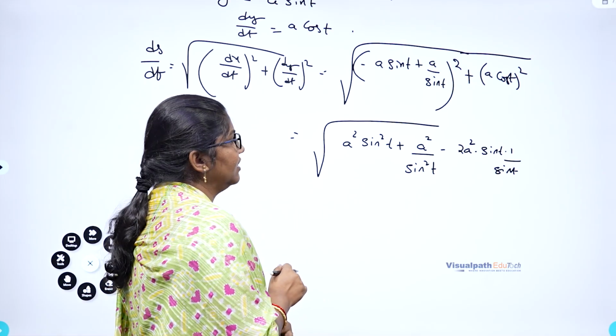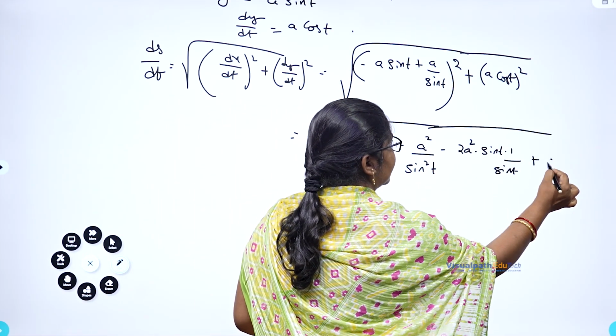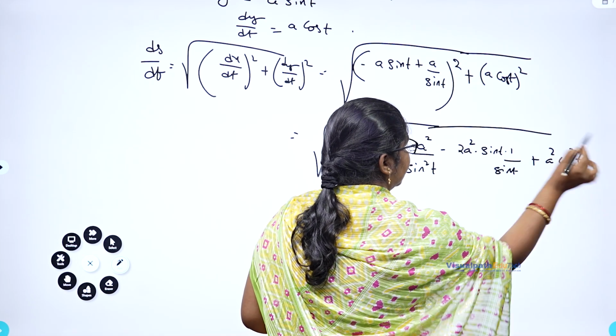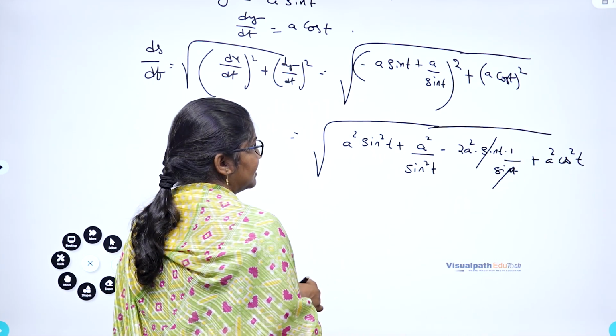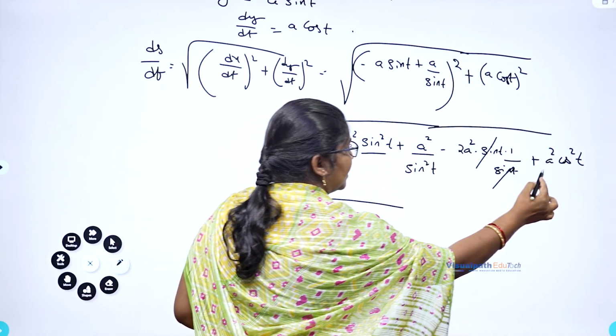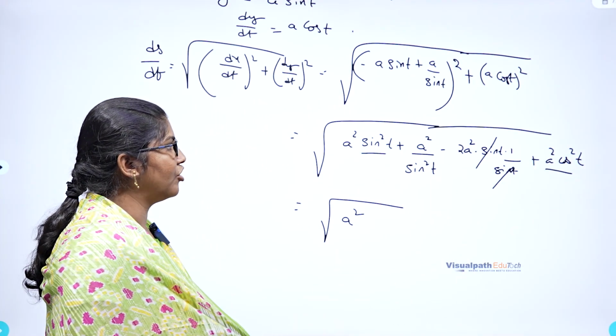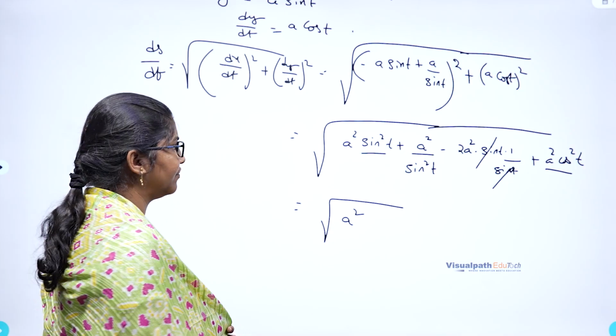Means 2a² sin t into 1 by sin t. Here also a² cos² t. Here this and this will get cancelled. a² sin² t plus a² cos² t, a² will be remained. Why? Because if we take common, sin² t plus cos² t is equal to 1.